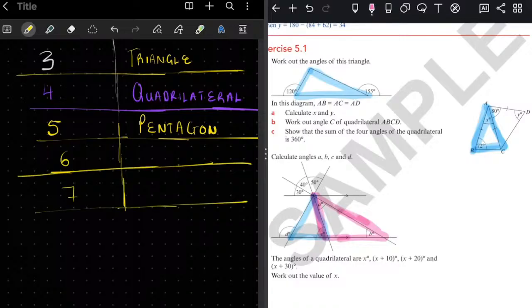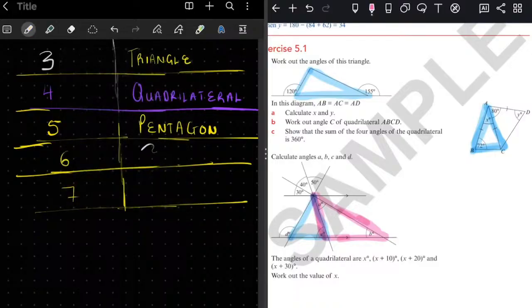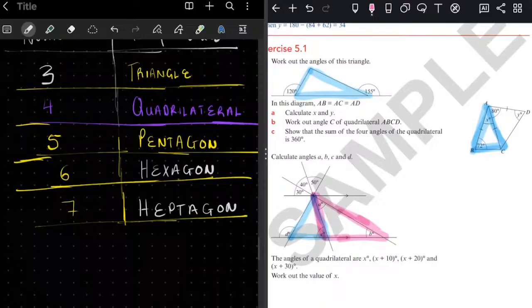We'll do practice. We'll see what we are going to be using this for. But today I'll end at 7. 6 is hexagon. And 7 is heptagon. So I need you to know 3, triangle; 4, quadrilateral. Is a rectangle a quadrilateral? Yes, because it has 4 sides.